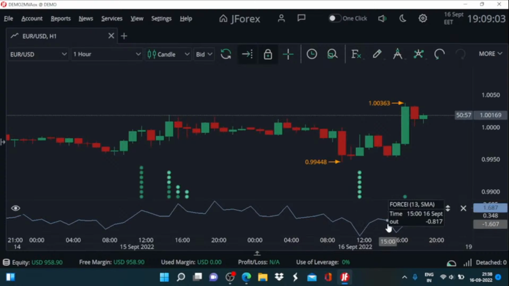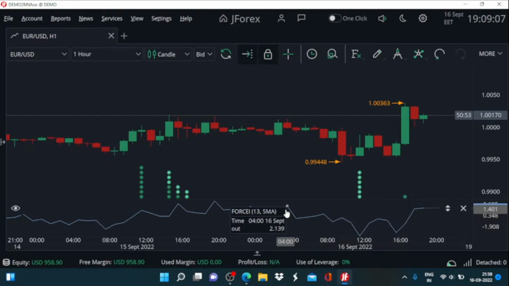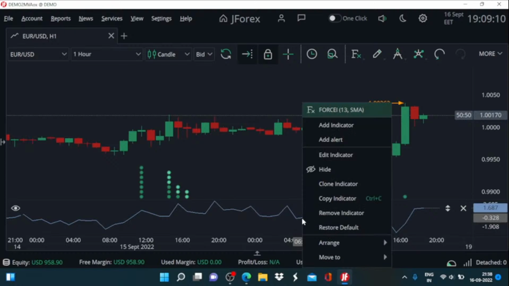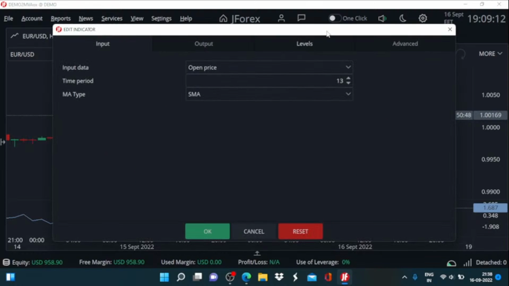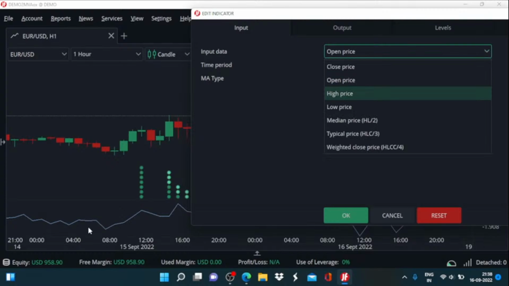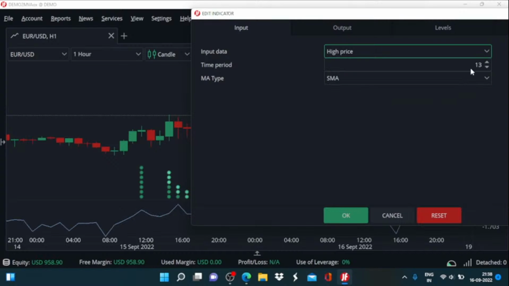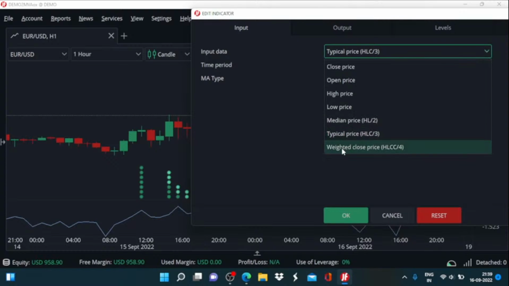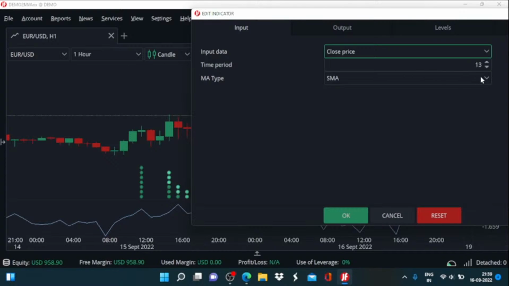The plotting of the force index changes a bit when this indicator uses the open price as its applied price. So whenever we change this applied price, we will see some changes in the plotting of this indicator. Now I am using high price, so you get the idea that this applied price plays a critical role in what kind of plotting, what kind of output we get for this indicator.